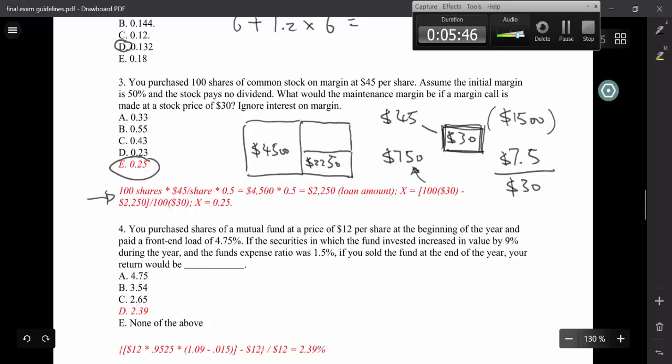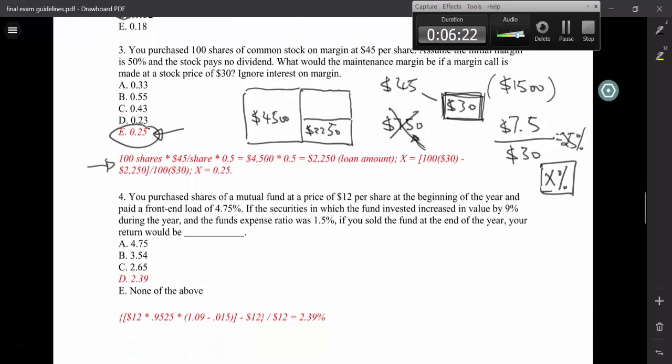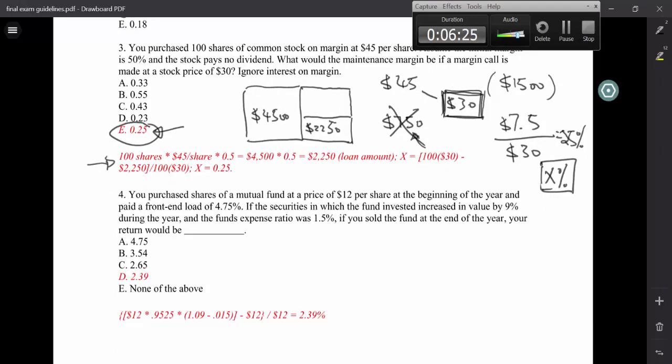So you can handle an additional 25% drop in price. So we say that we will give you a margin call at 25%. That's what that stands for. So when we give you a margin call at X%, whatever X is, X happens to be 25 for this question, it means you can take a further X% of price drop before you are completely wiped out.